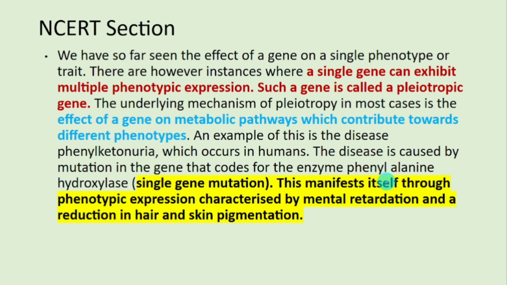And this enzyme is lost, phenylalanine hydroxylase, single gene mutation. This manifests itself through phenotypic expression characterized by mental retardation, reduction in hair and skin pigmentation. Okay, so these are the important points with respect to phenylketonuria and the name of the enzyme.